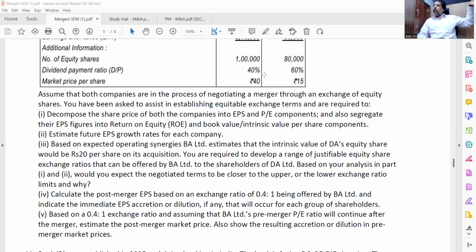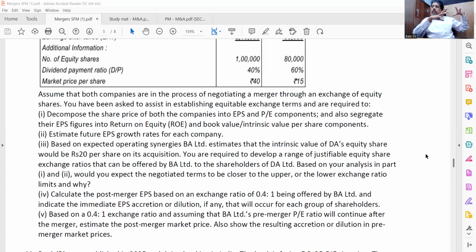I think 19.05 times will be the PE multiple even after merger. That means even the combined company is going to have a price earnings ratio of 19.05 times. Is that fine? That's what they meant. Okay. Based on that, you have been asked to determine the market price per share of the combined company.